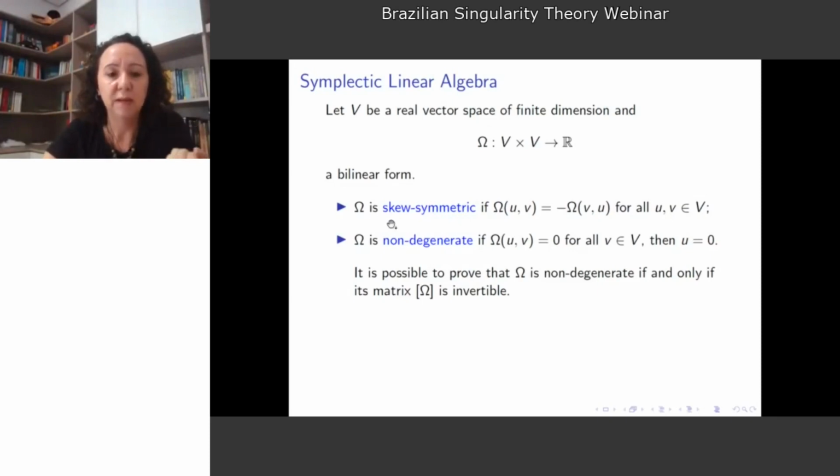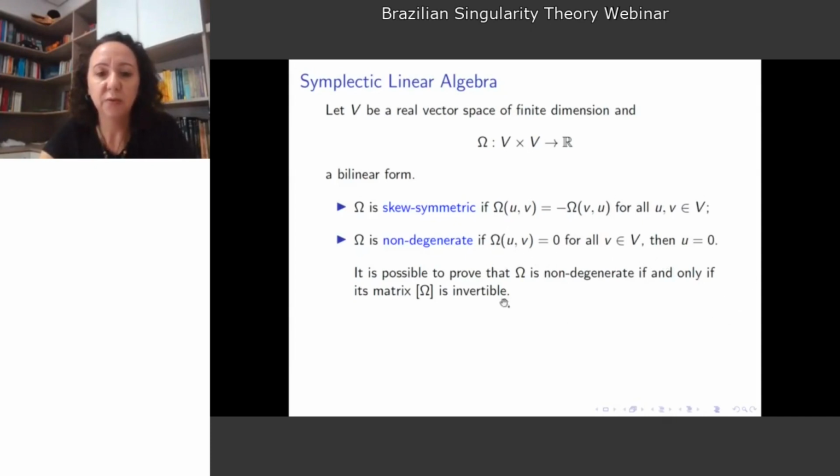First, omega is skew-symmetric, meaning that omega(u,v) is minus omega(v,u). Second, this bilinear form is non-degenerate, meaning that if omega(u,v) is 0 for all v in V, then u is 0.